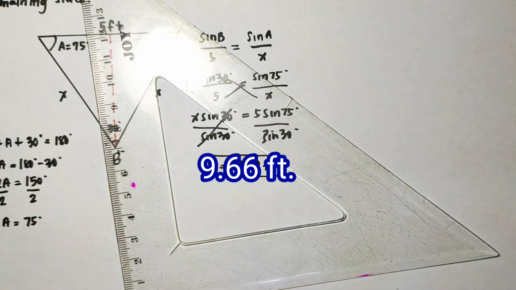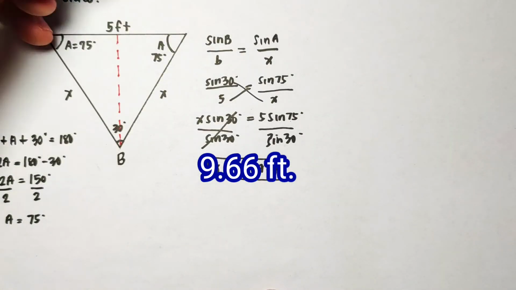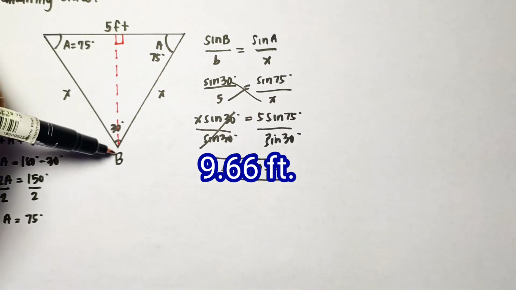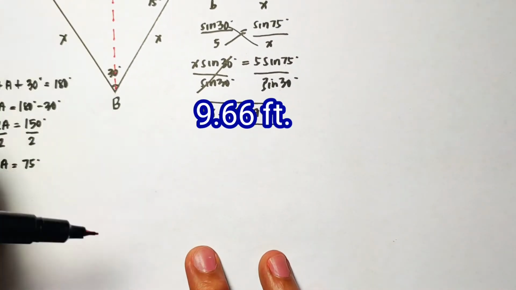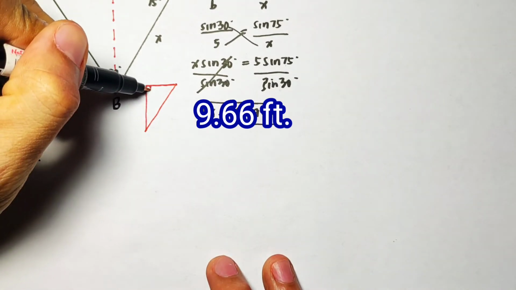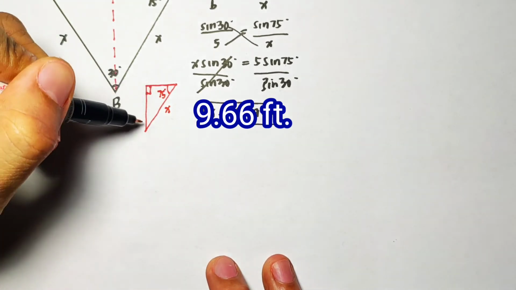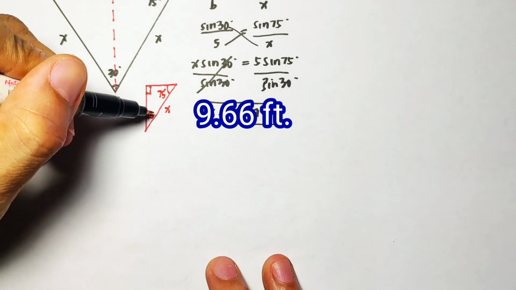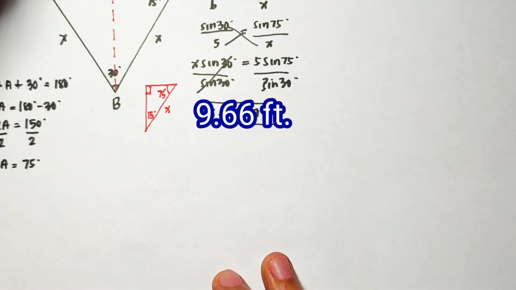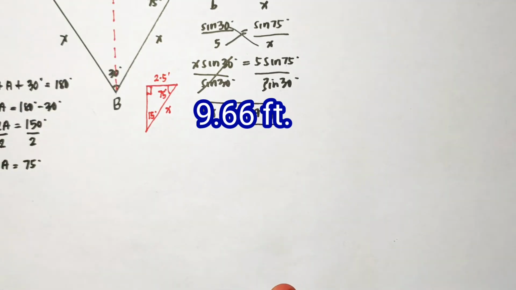Now this altitude is perpendicular to this side, so we form a right angle and also a right triangle. In a right triangle like this, where this is the right angle, this is your side X, and we have 75 degrees and 15 degrees. The angle is now being divided into two. So if this is 5 feet, then this is now 2.5 feet.